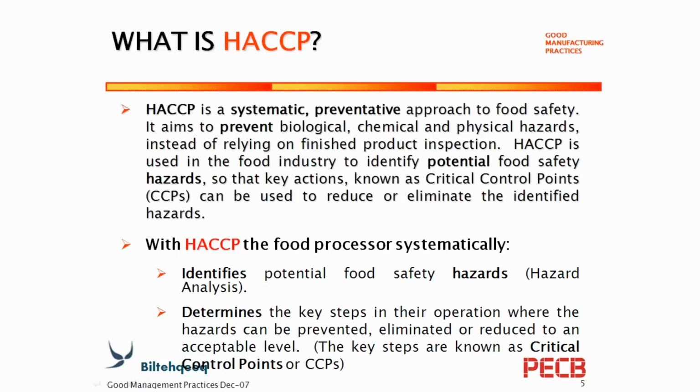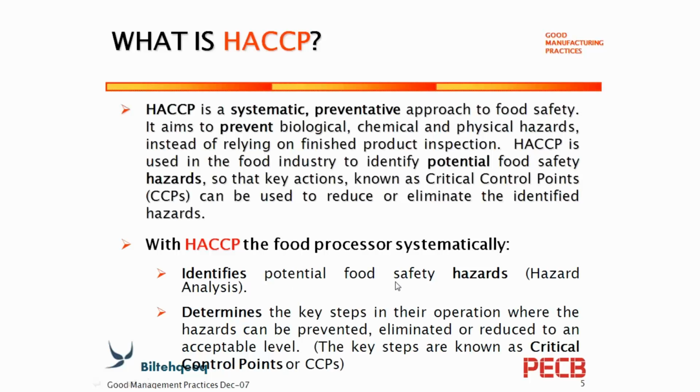You have to identify these points and introduce controls to prevent these hazards from affecting your quality management system. So, the first point is to identify potential food safety hazards.